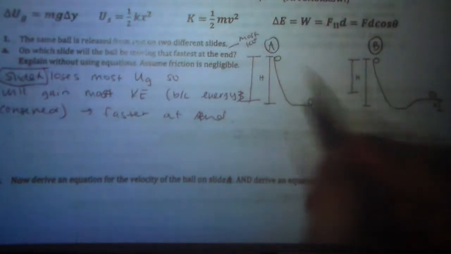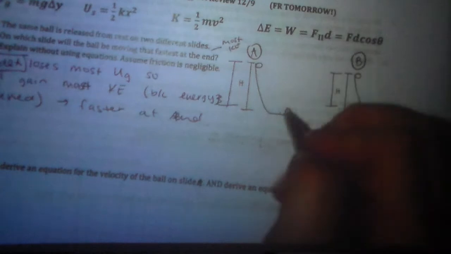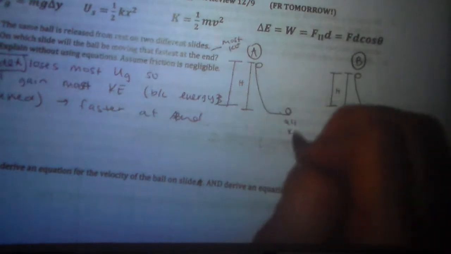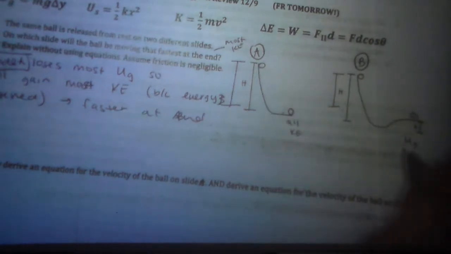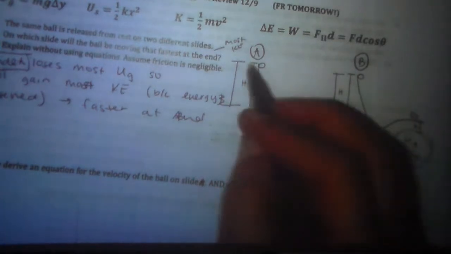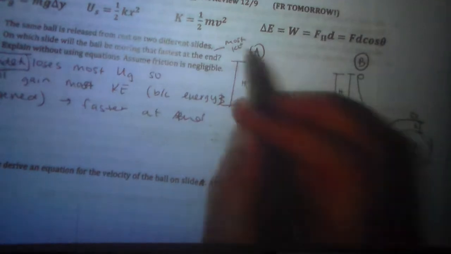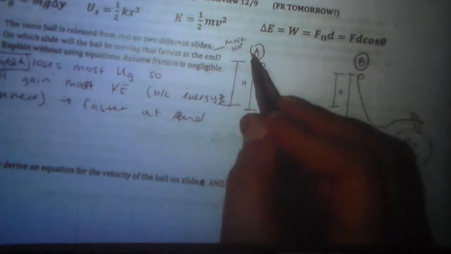You also could say, so some people are doing that here, this is all kinetic energy, and this is some kinetic and some potential. You can do this, it's going to take more effort, more writing at least. So here, they both start with the same total amount of energy.